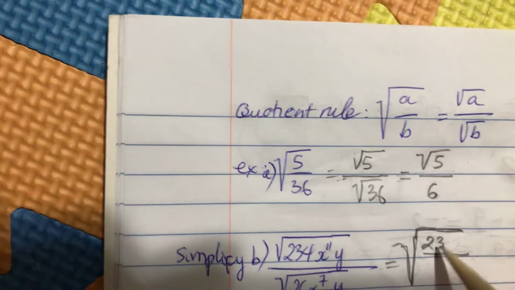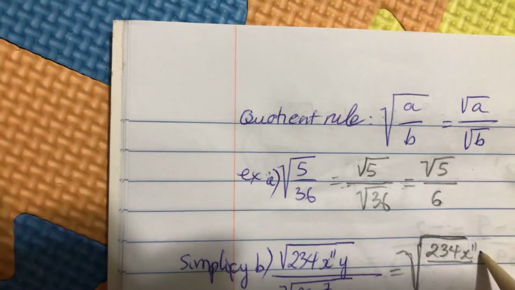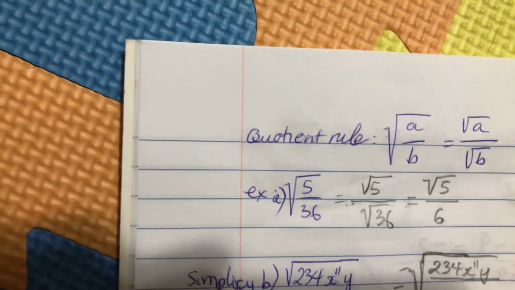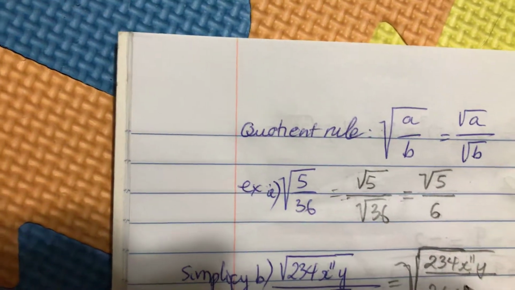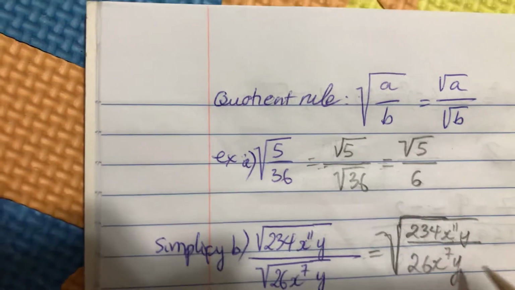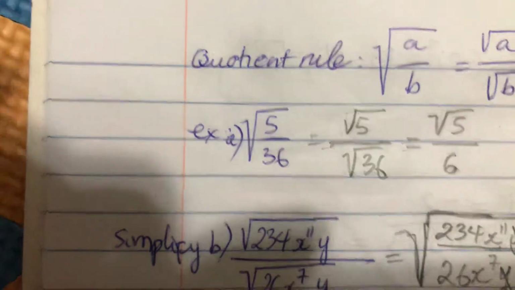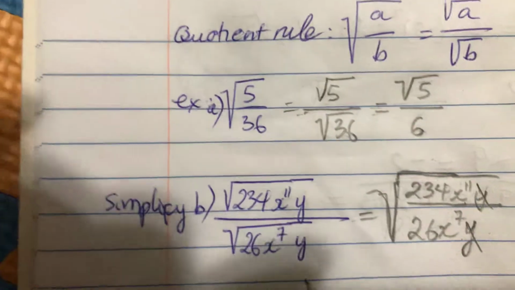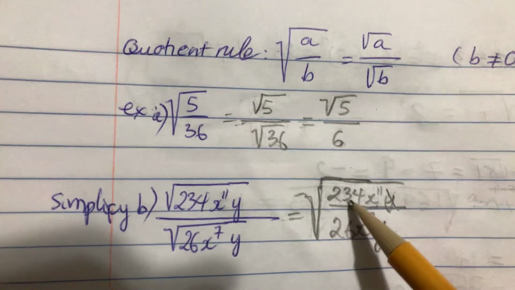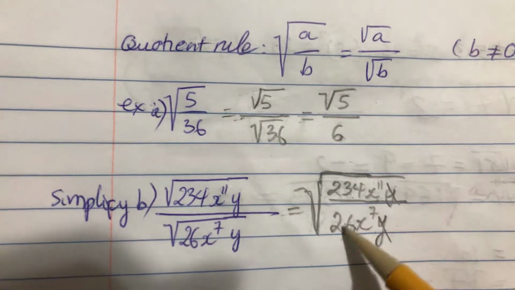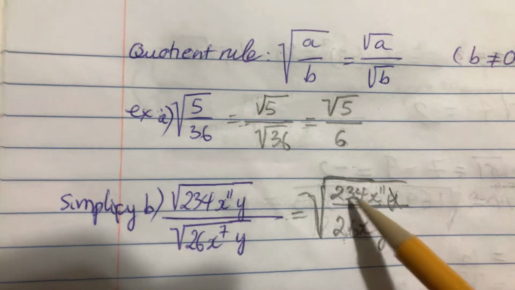I just rewrite everything here with the big radicals. Now I can see there is a y in the top and a y in the bottom, so I can cancel this. And everything is now inside of the radicals. That is the reason why I can factor something between top and bottom and then cancel it.